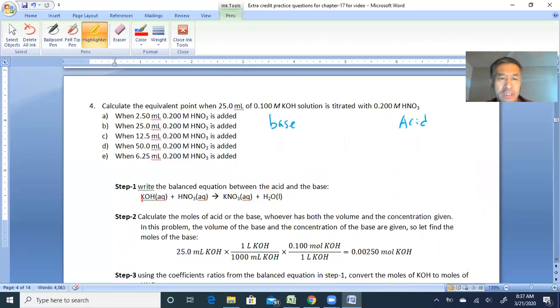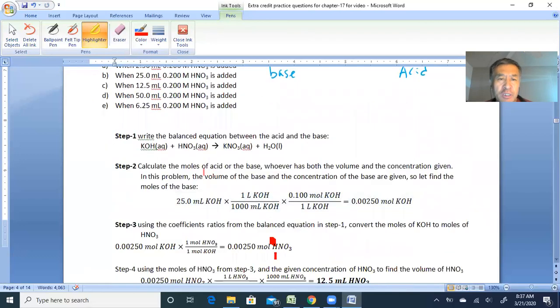So our base is the KOH, our acid is HNO3. That produces KNO3 and H2O. So second step is to calculate the mole of the acid or the base, whoever has both the volume and the concentration given. In this problem, the volume of base and the concentration of the base are given.